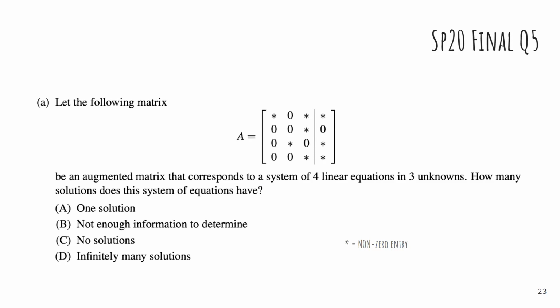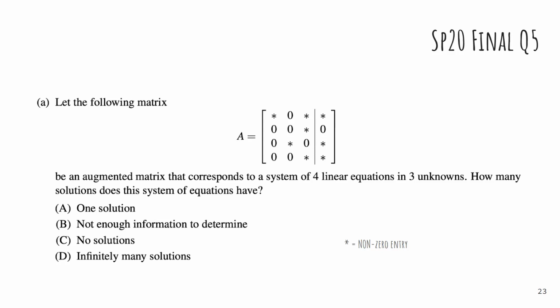Okay, cool. So it says let the following matrix A, which they have shown here, be an augmented matrix that corresponds to a system of 4 linear equations in 3 unknowns. How many solutions does the system of equations have?